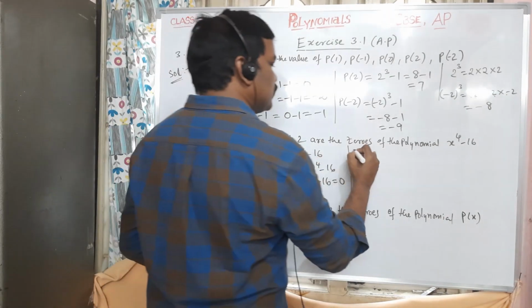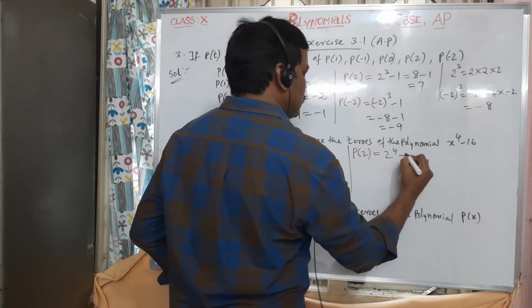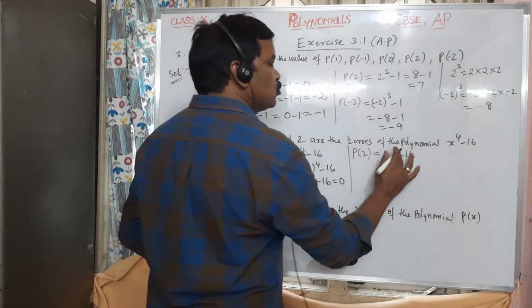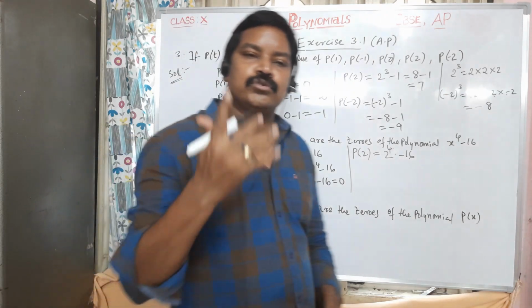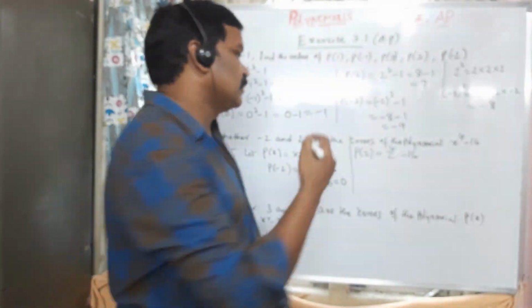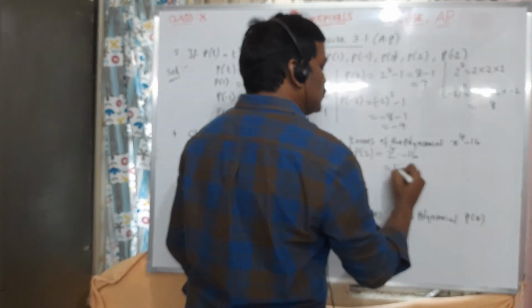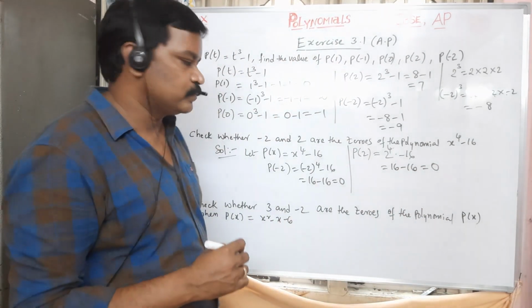Understand? Next one is p of 2. That means 2 to the power of 4 minus 16. 2 to the power of 4 means what? 2 into 2 into 2 into 2, like this. We have to multiply 4 times. That means 2 to the power of 4 means 16, minus 16, that is equal to 0.